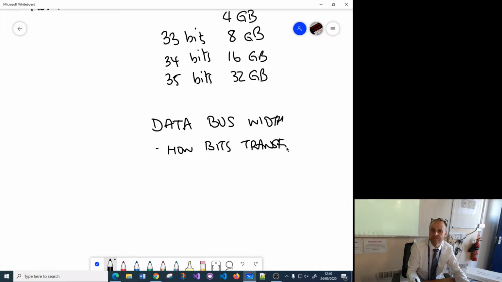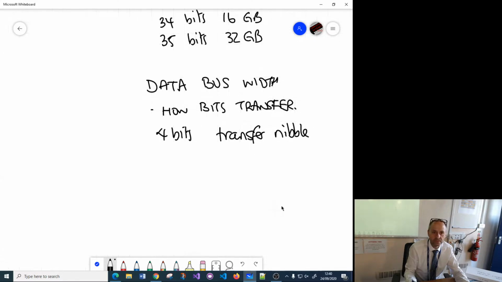If you've got a 4-bit bus, you can transfer a nibble at once, which you all remember is 4 bits, and we did have 4-bit CPUs. With 8 bits, you can transfer a byte. So when we say we've got an 8-bit computer, we generally mean the data bus.